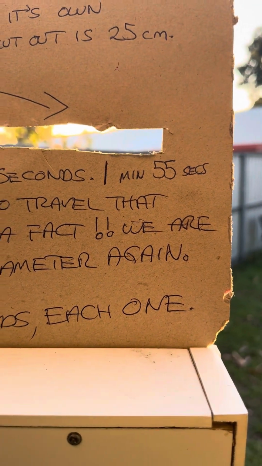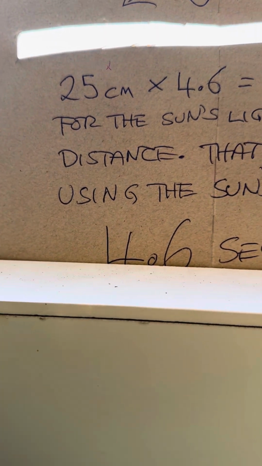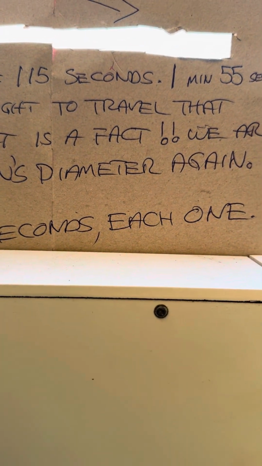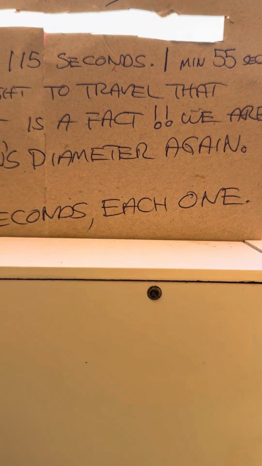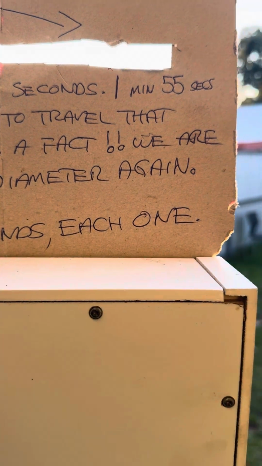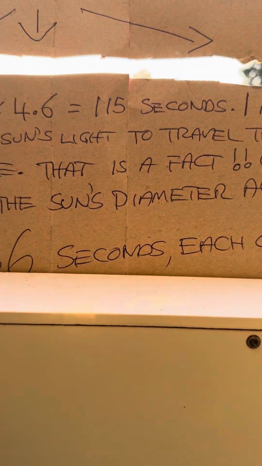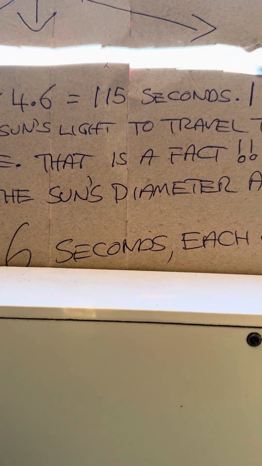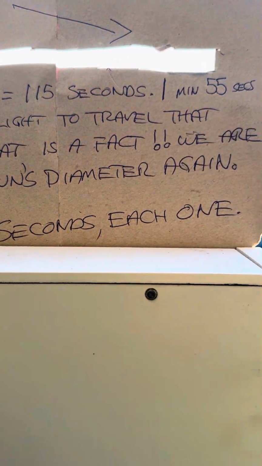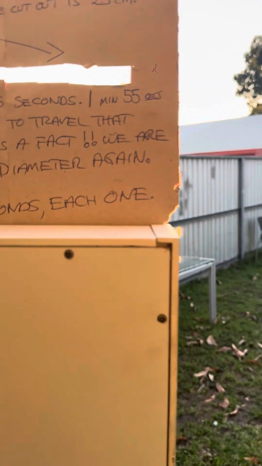That's 1 minute and 55 seconds for the sun's light, oh god, this tripod keeps getting stuck, to travel that distance. That is a fact. Using the sun's diameter again, 4.6 seconds for each one.